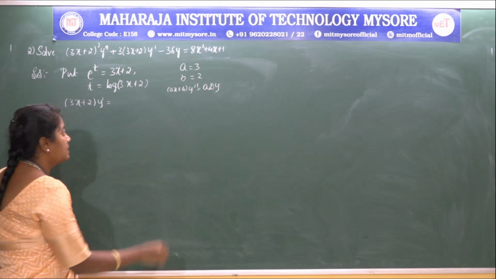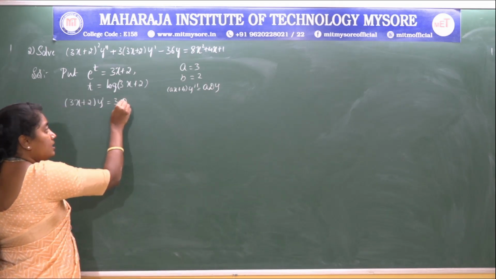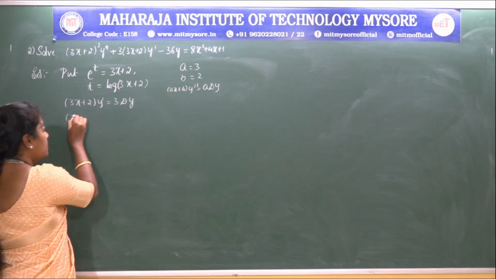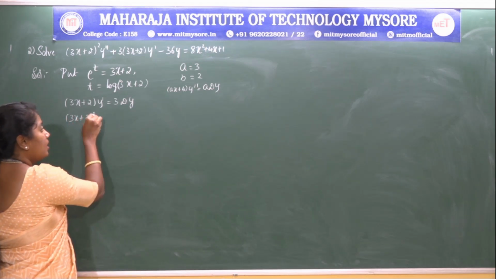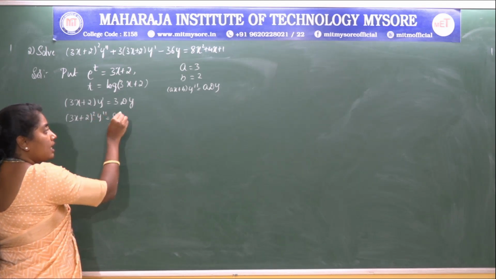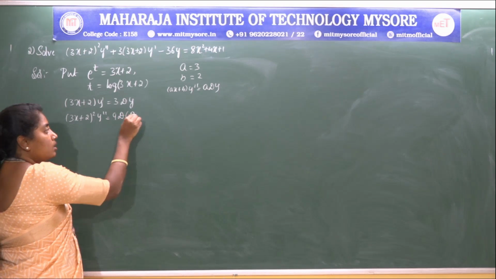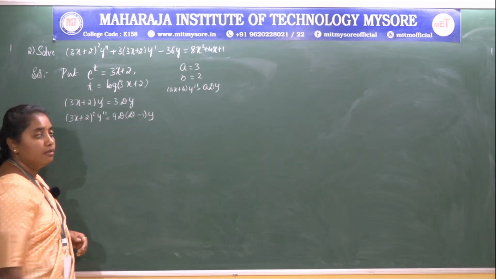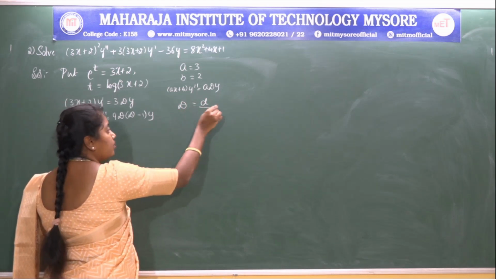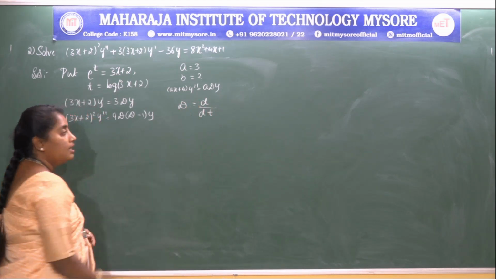Here the value of a is equal to 3, we get 3 into dy. Similarly for the second order, (3x plus 2) whole square y double dash is equal to 3 square, that is 9 into (d minus 1) into y, where d is the derivative with respect to the variable t.